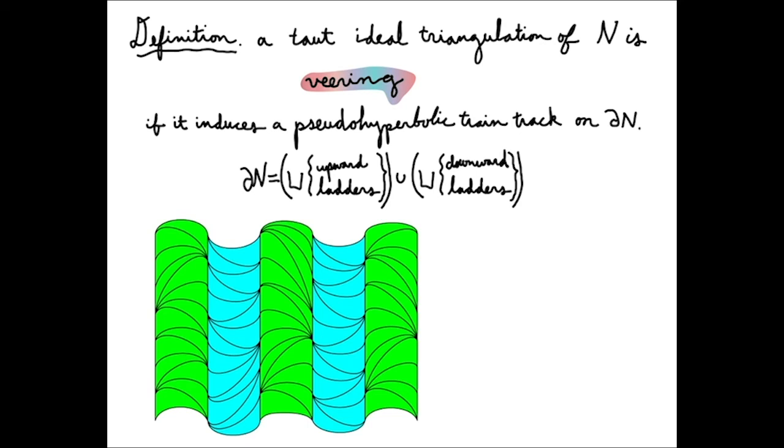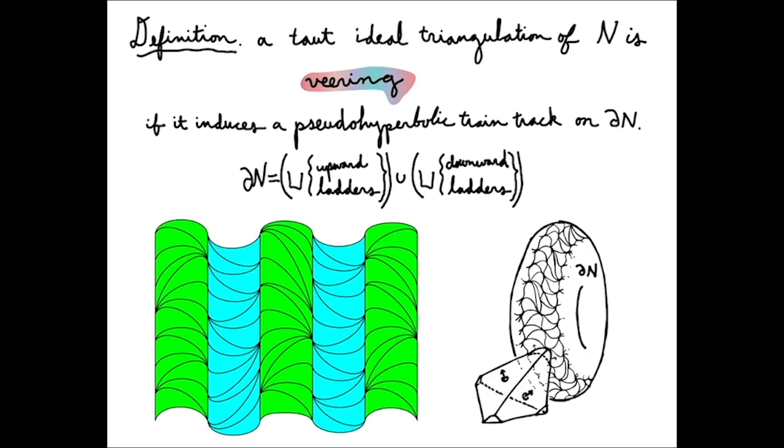I went through that a little quickly, but what I want you to take away is that a veering triangulation is a special kind of taut ideal triangulation. And on the boundary, it has this behavior where it splits the boundary into a family of annuli. So there's a picture of what's happening. I'm in my 3-manifold and I see some boundary component.